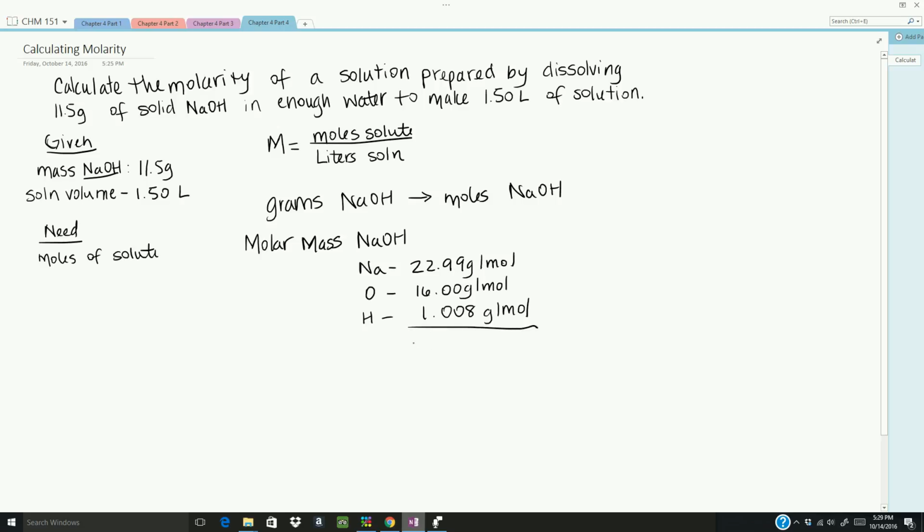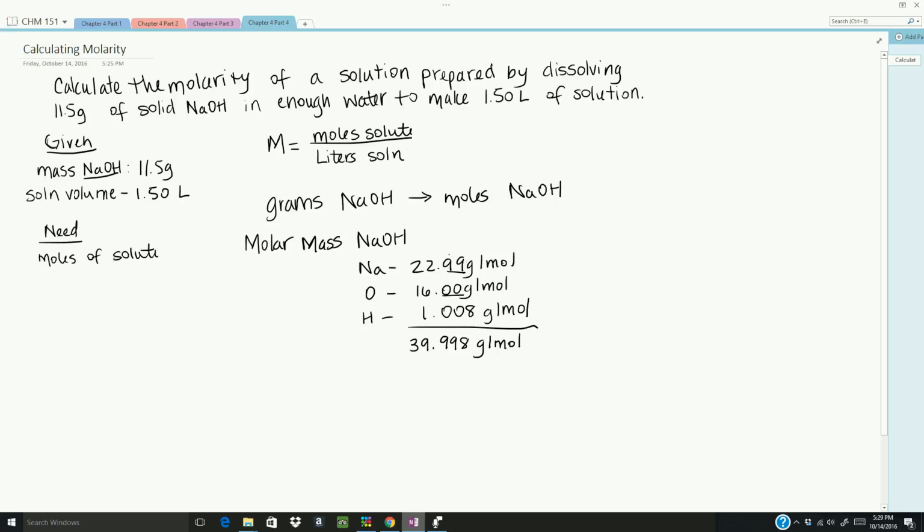When we do the addition, we get 39.998 grams per mole. Sodium and oxygen both have 2 decimal places. Remember, we're adding, so our sig figs are based on decimal places.